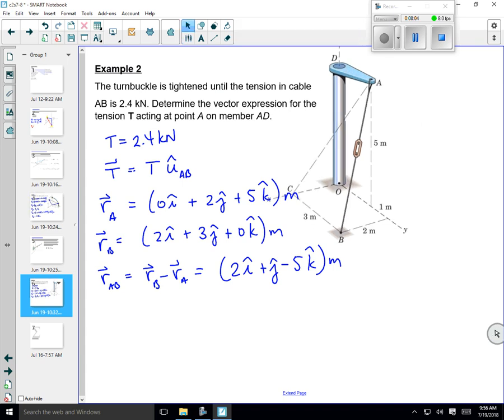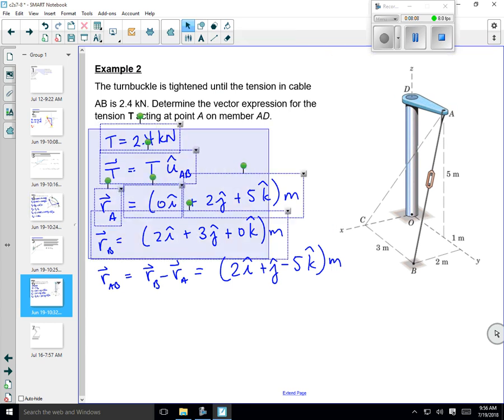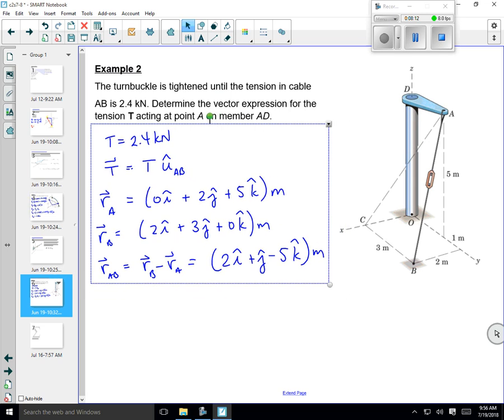Okay, so far so good. Let's give ourselves a little bit more room here.